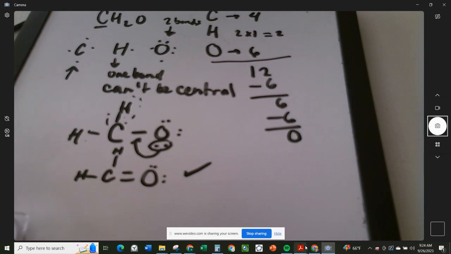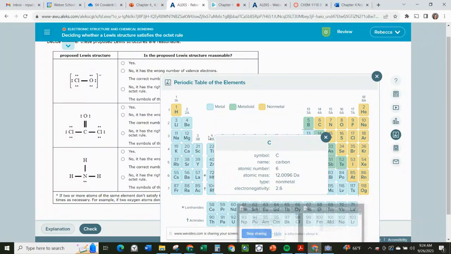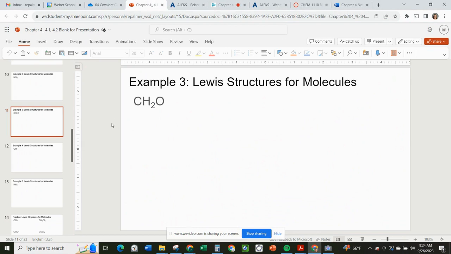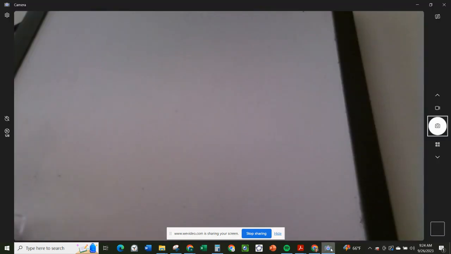Okay, let's do the next example, which is OH minus. Sometimes we're going to have to look at the Lewis structure for ions. So this is hydroxide.